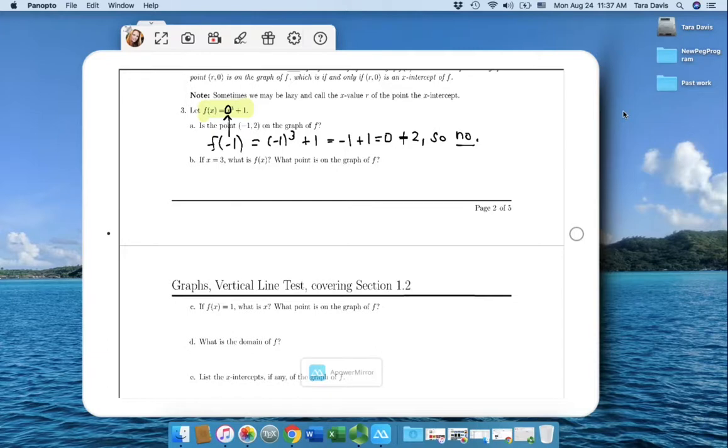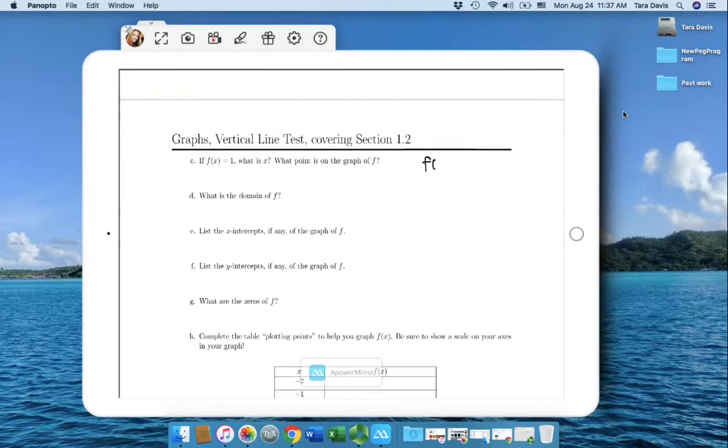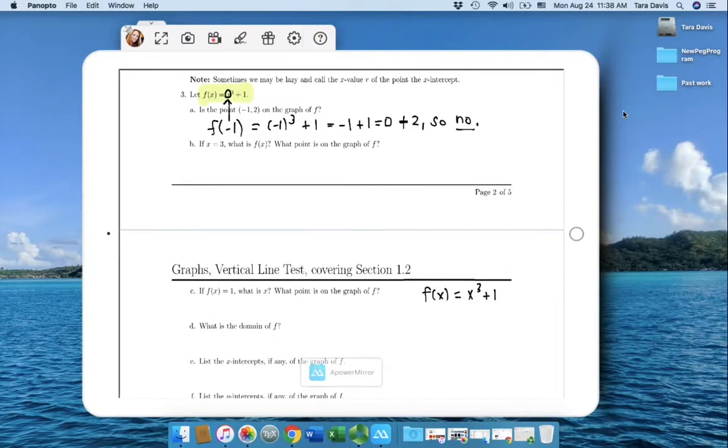Okay, so then I'm just going to write down here the fact that f of x equals x cubed plus 1 so that we remember. And this is the continuation. I'm sorry, I skipped part B. So for part B, it asks if x is equal to 3, what is f of x? And therefore, what point is on the graph of f?